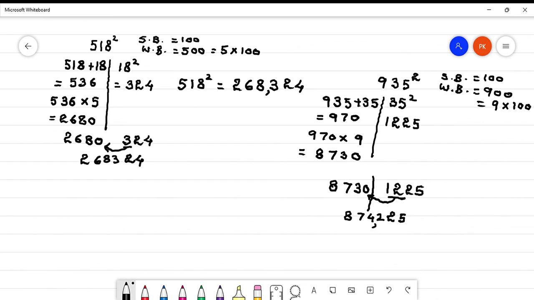So finally 935 the whole square is 874,225. That is 874,225. Just go through this, check whether you are understanding all the steps properly.